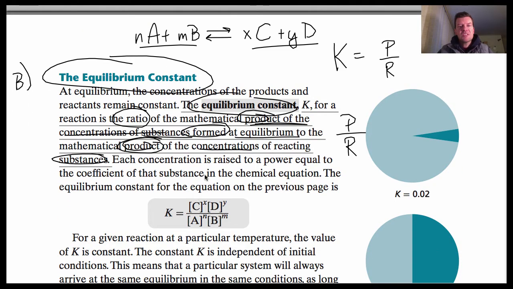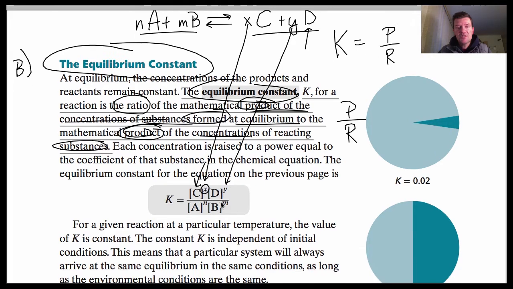What you do is you take the concentration of C. When you put the formula in brackets, it means concentration. So the concentration of C raised to its coefficient. This coefficient here becomes an exponent. Okay? And then times the concentration of D, the other product, raised to its coefficient. Y becomes an exponent.